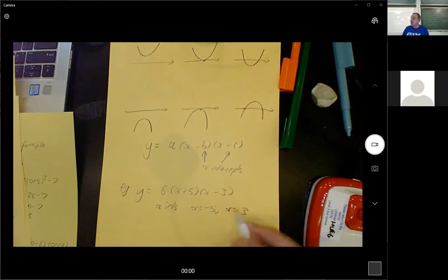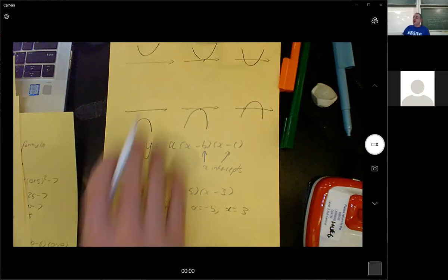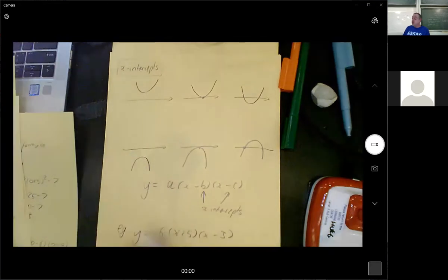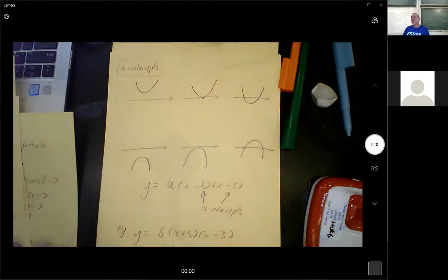It's always the opposite of what's here, because the x-intercepts make the y come out to 0. So if your function doesn't meet the x-axis, it's impossible to write it this way. Because if I could write it this way, it would meet the x-axis.